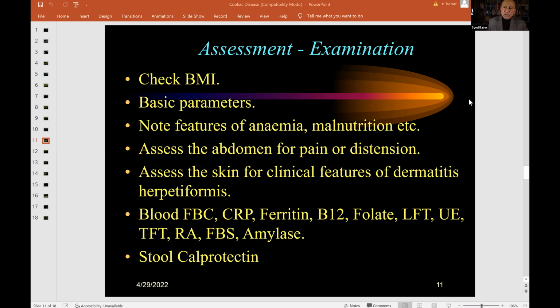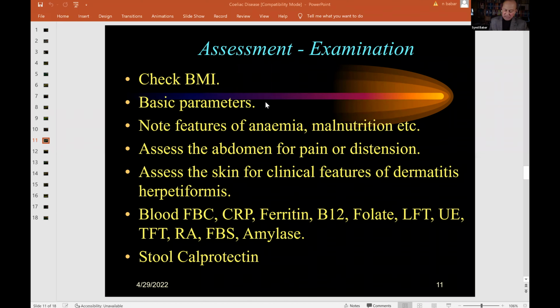What does one do by way of examination and assessment? It is important to standardize weight gain or weight loss. So BMI needs to be calculated, and basic parameters such as general features of anemia, loss of weight, abrupt loss of weight, distension of the abdomen, poor musculature, and also features of anorexia.